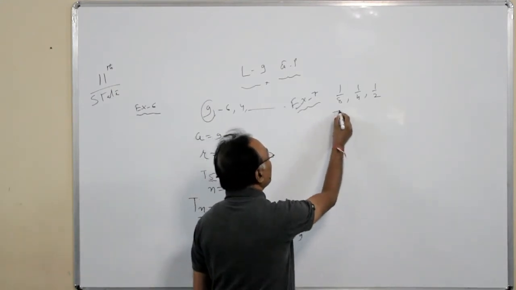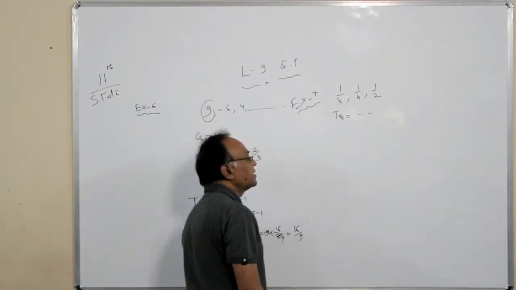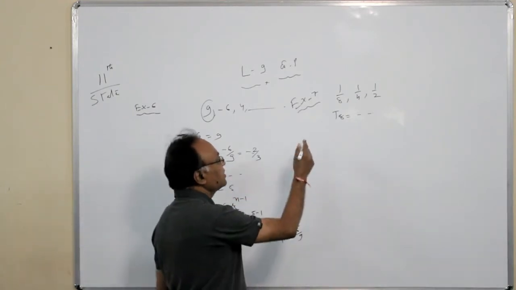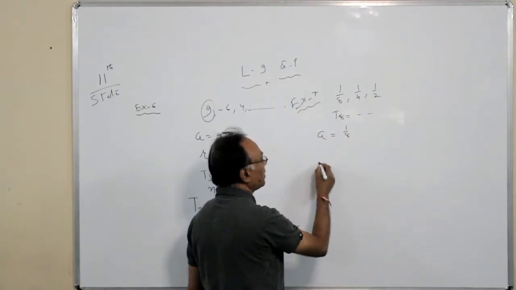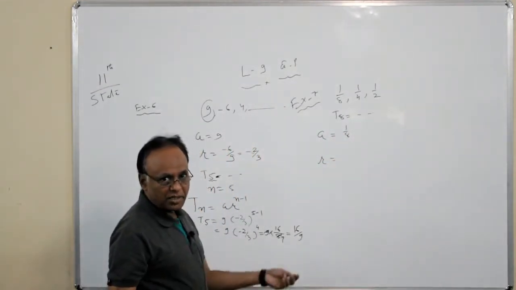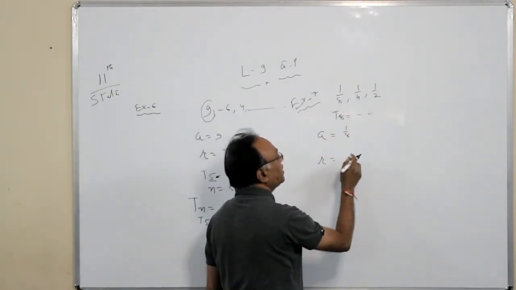We want to find out T8 is equal to dash. Same example repeated here. What is A? The first term, it is called A: 1 upon 8. We want to find out R. R means the second term divided by the first term, or third divided by second.